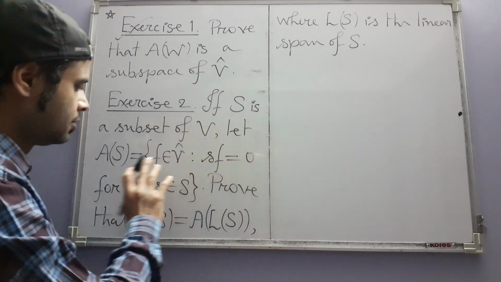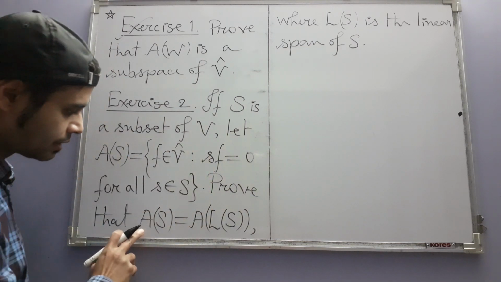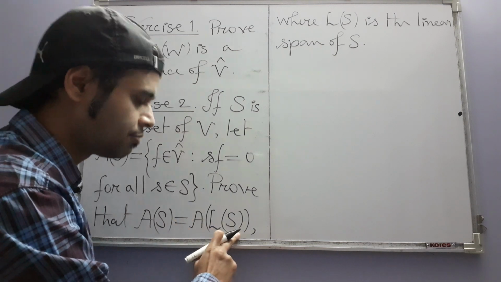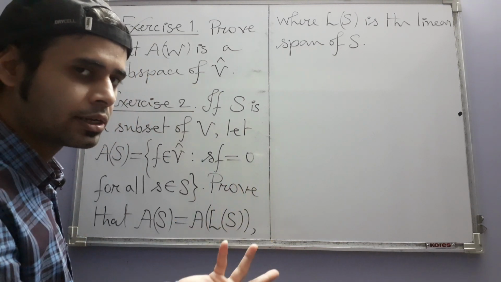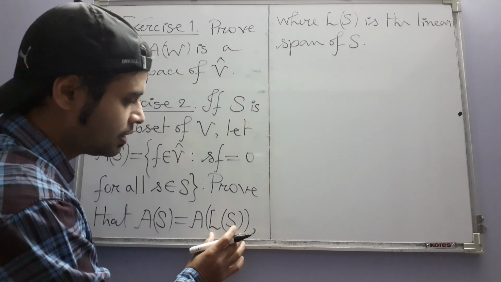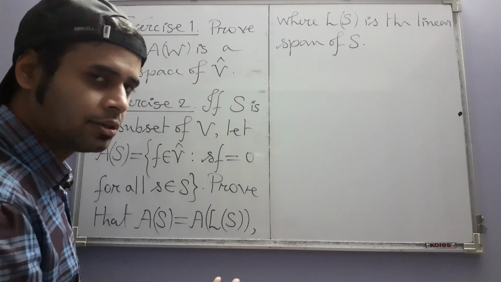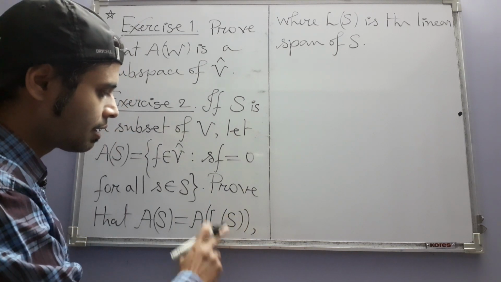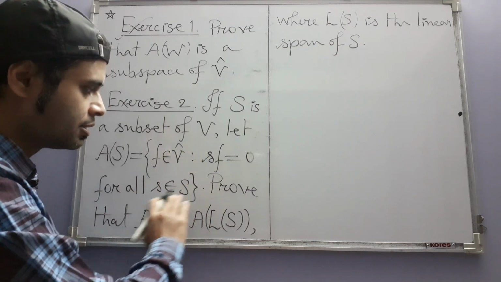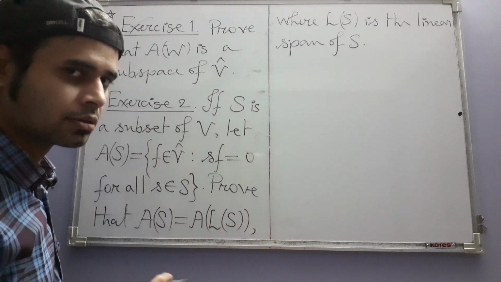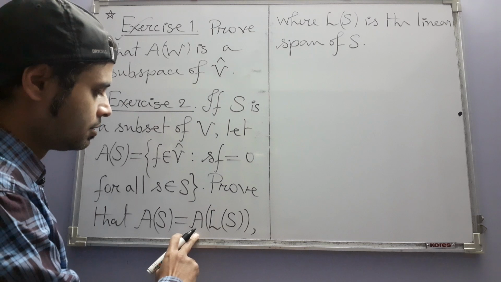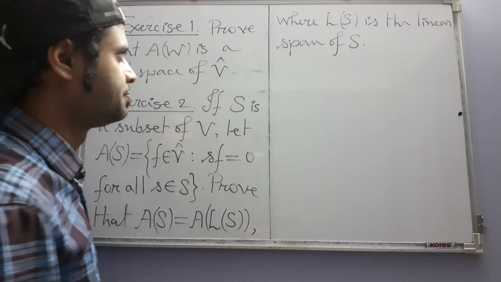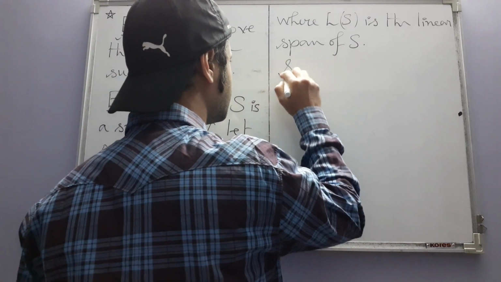So we then have to prove that this A of S is actually nothing but A of L of S, where L of S is the linear span of S. Now L of S, we already know, is a subspace of V. So this A of L of S is something we already have even before this general definition of A of S. So these two should be equal. That's what we have to show. So let's see the solution.